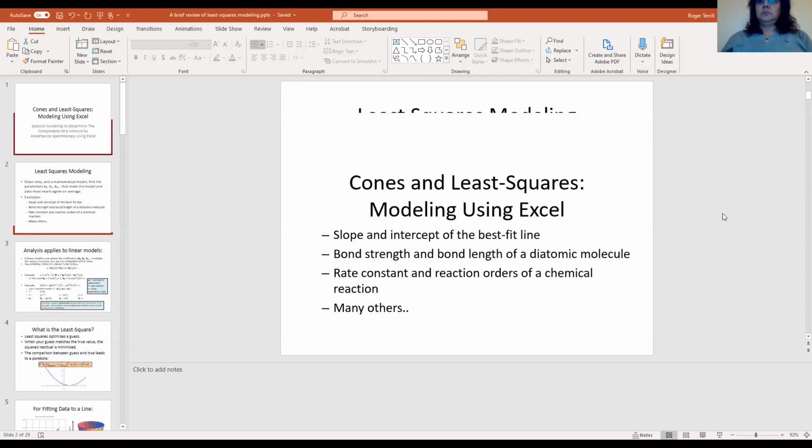LinEst is the Excel tool, and LinEst does least squares modeling, right?